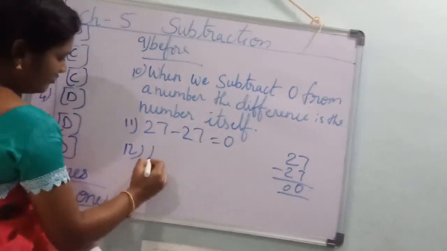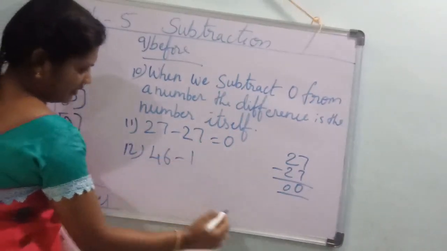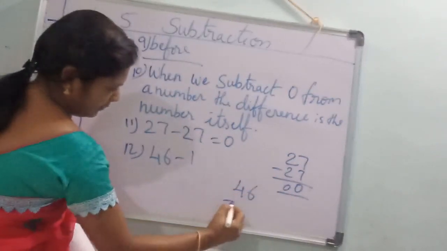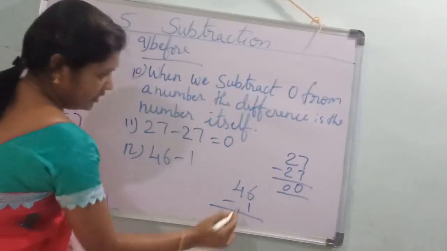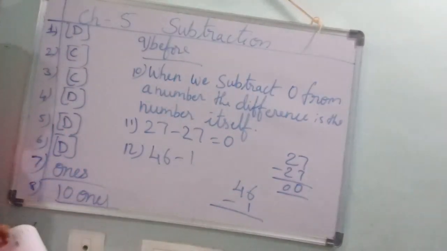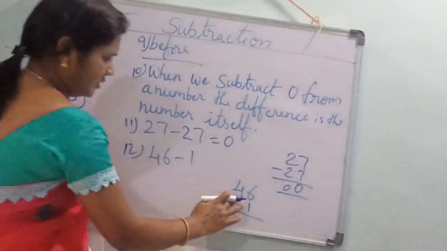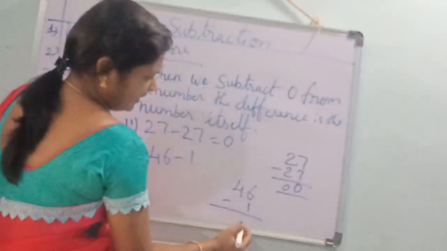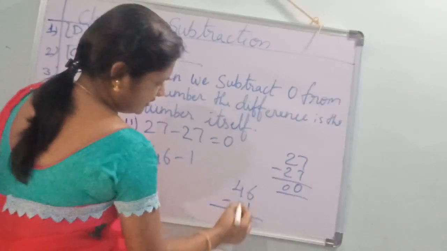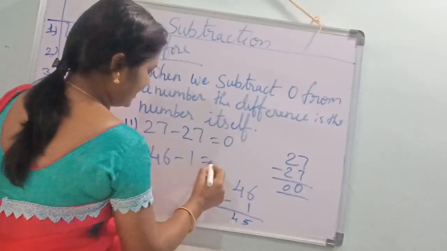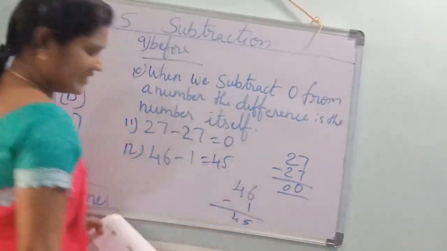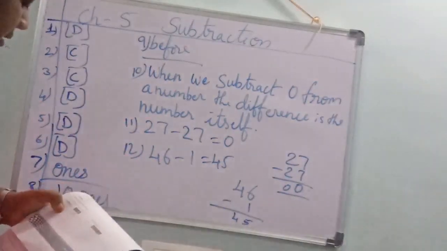Subtract 46 minus 1. Ones place only you should write 1, because it is a single digit number. 6 minus 1 is 5. This 4 stays like that only. What is the answer? 45 is the answer. Understood, children?